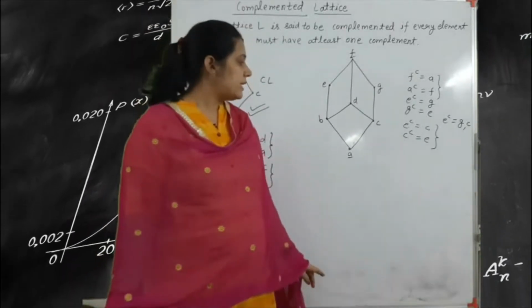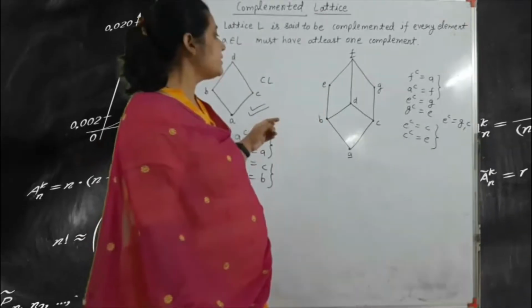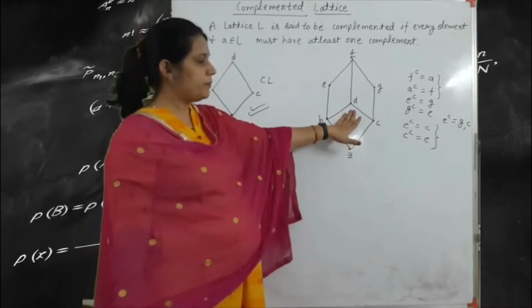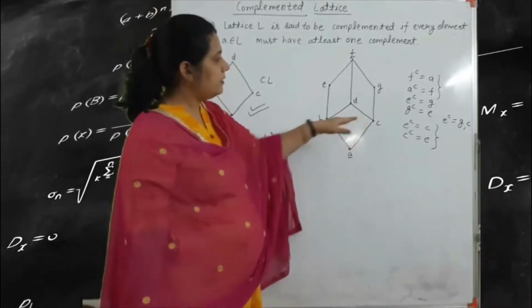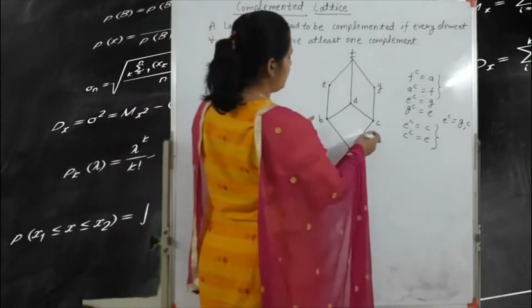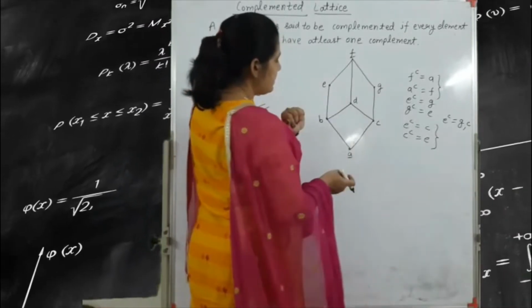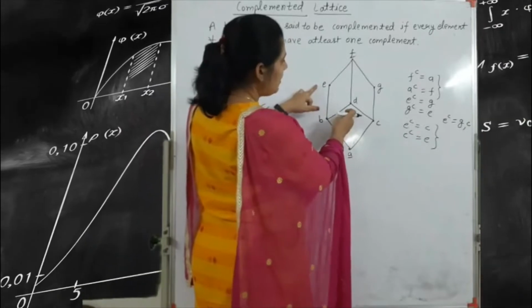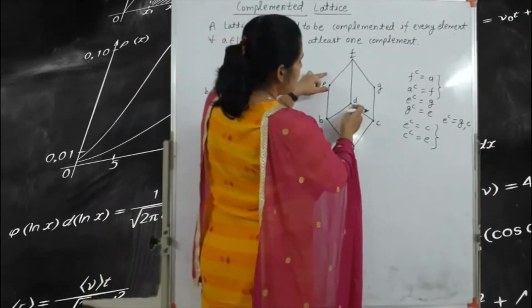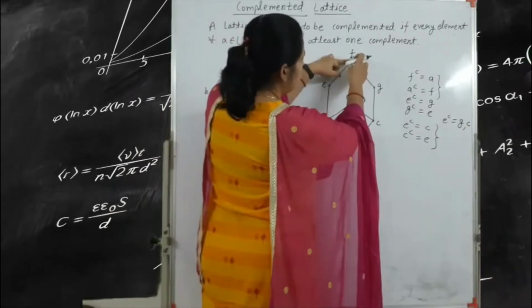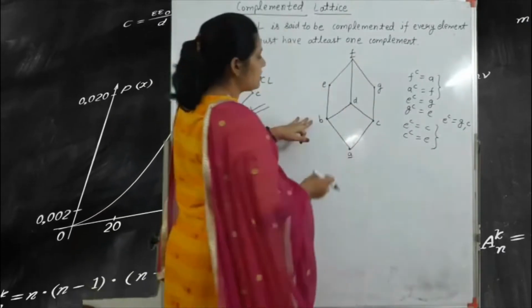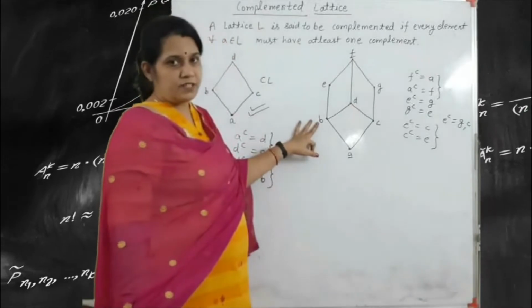Next we find the complement of D. For example, we consider E and D. The join is not the top of the system, F, and the meet is not the bottom of the system either.